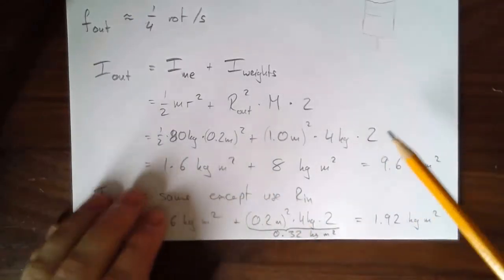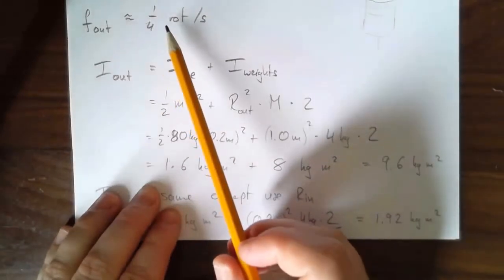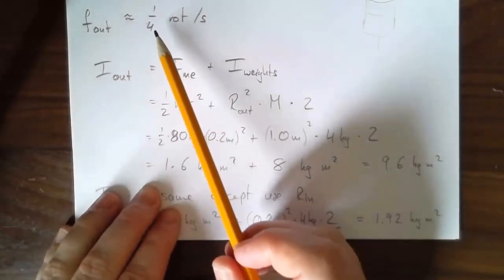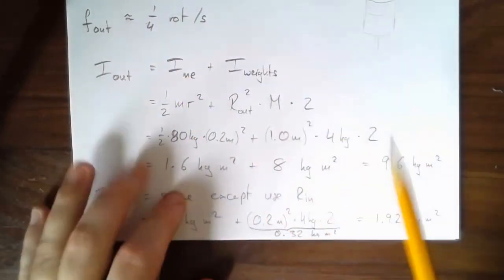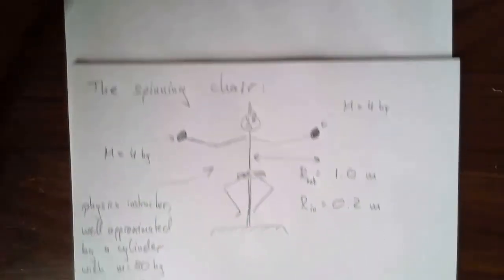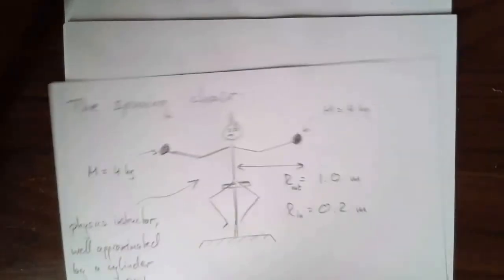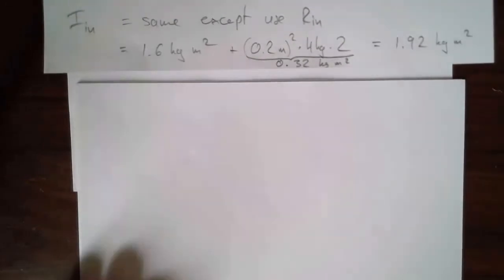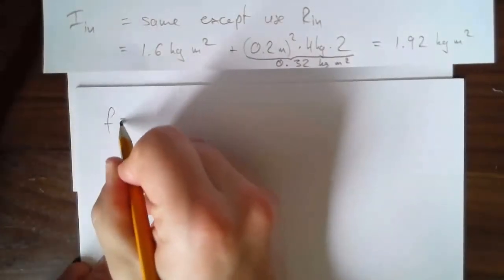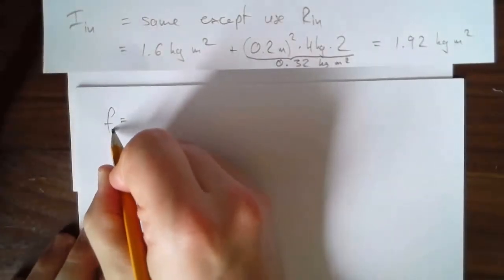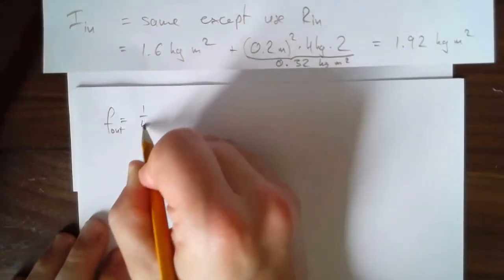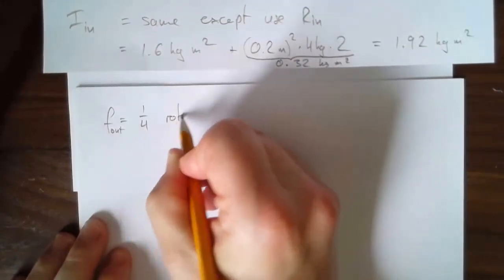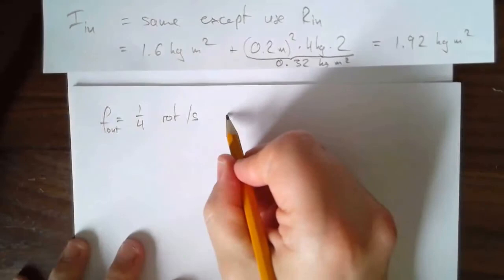Alright, now if initially I was going 1/4 of a rotation, let's convert that to an angular velocity. So f out, while my arms are out, was 1/4 rotation per second.